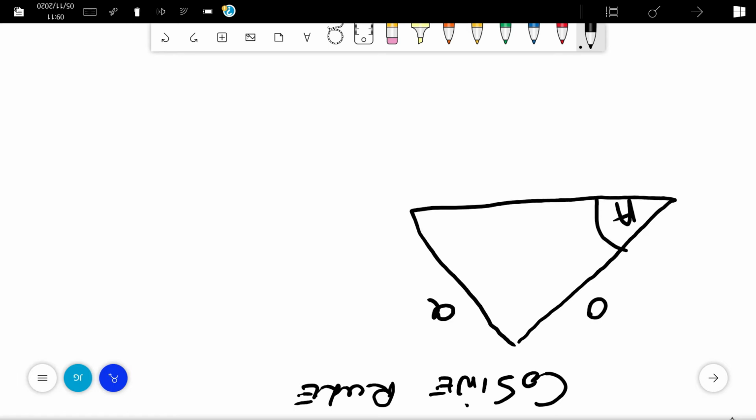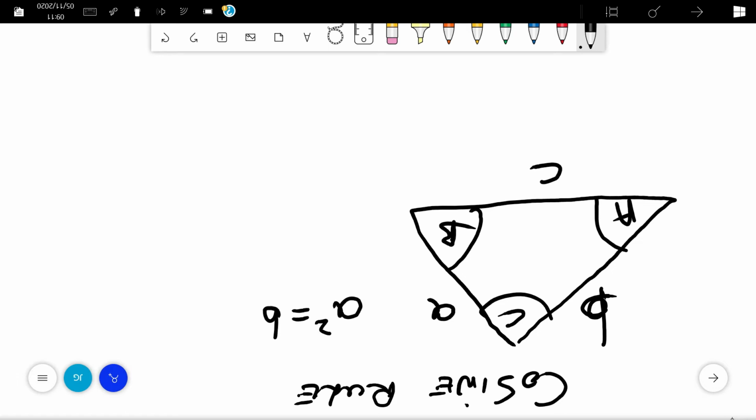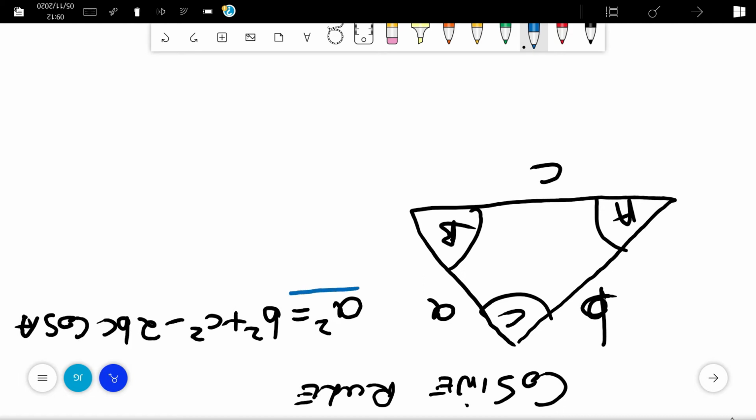A, B, C. And there it is. A squared is equal to B squared plus C squared minus twice BC cos A. Cosine rule. I'll show you the workings of it now in a tick.